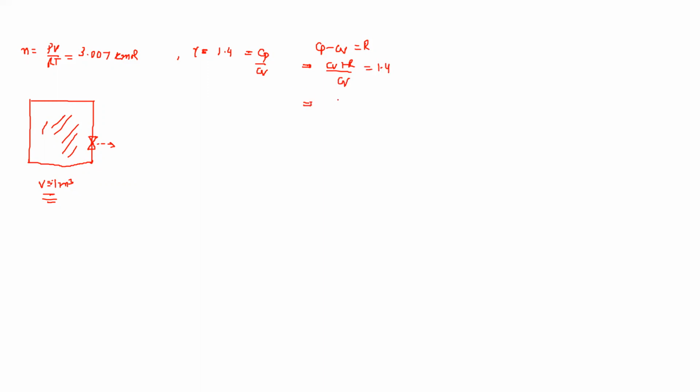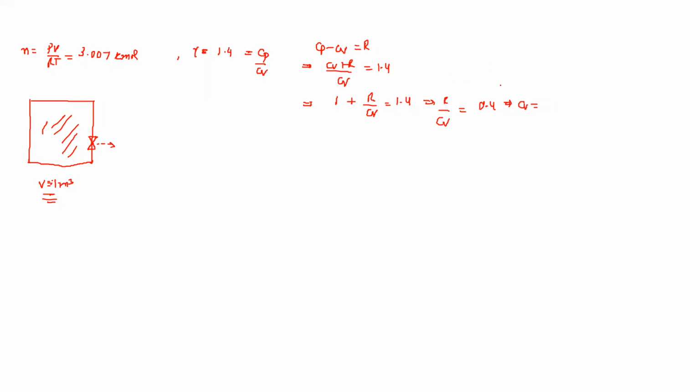So from here, you get 1 plus R by Cv is equal to 1.4. All right, so from here you get R by Cv is equal to 1.4 minus 1, that is 0.4. Therefore, you get Cv is equal to R by 0.4.